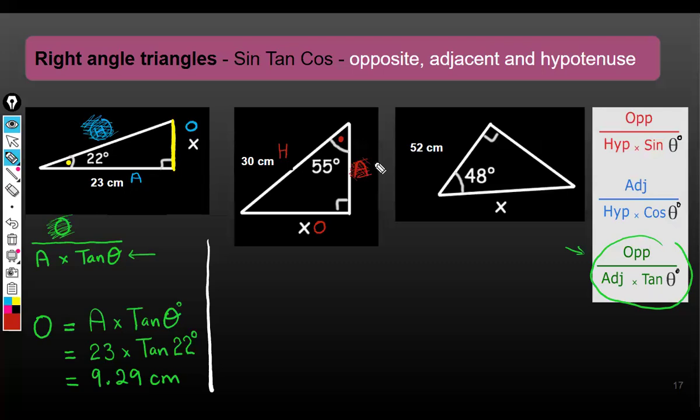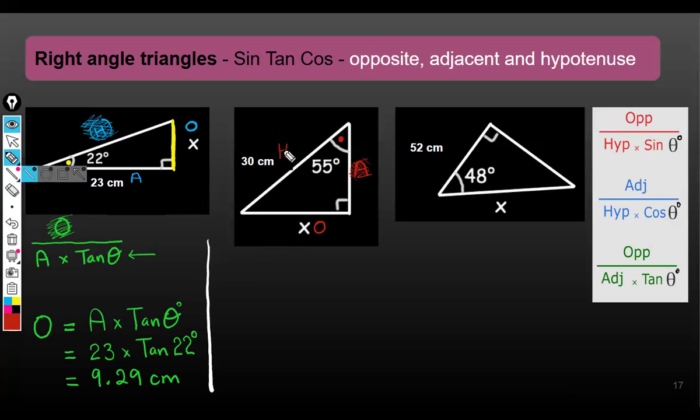So we are left with H and O. Which of the three formulas has H and O in it? Is it the red, blue, or green? Only opposite and hypotenuse are involved in this question. It can't be the blue. Someone said the blue, but look again.